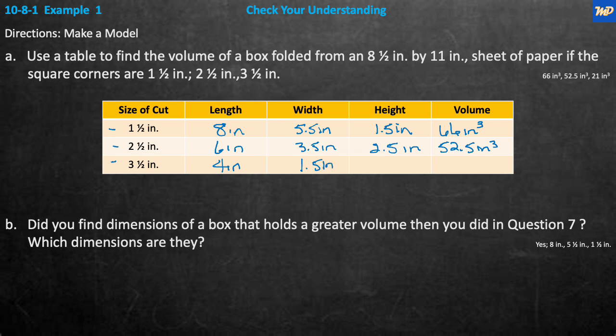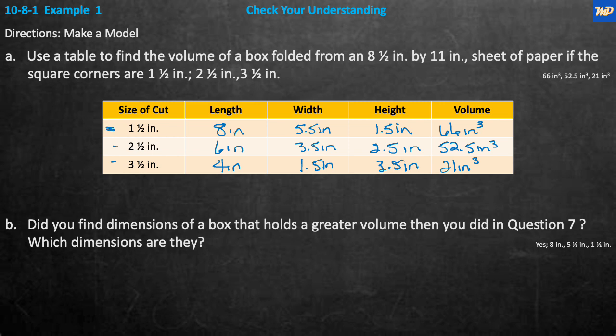Okay. And the height now is 3.5 inches. And the volume is 21 inches cubed. Okay, so now we know that the 1.5 inches is the greatest volume.